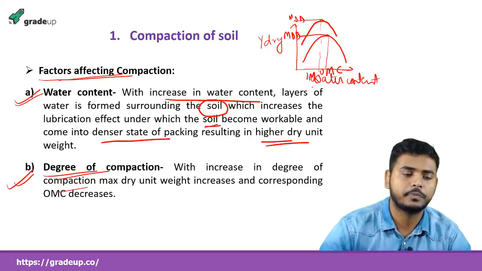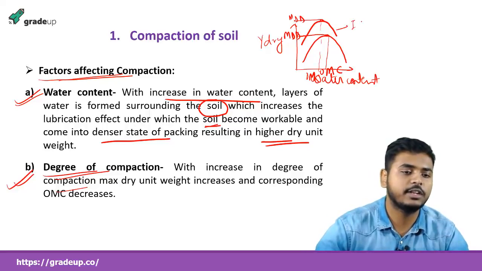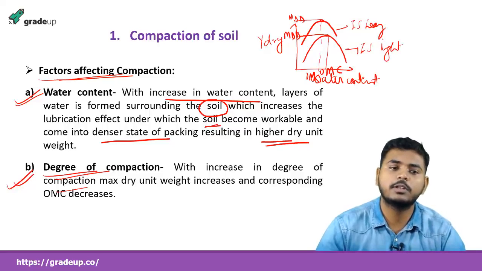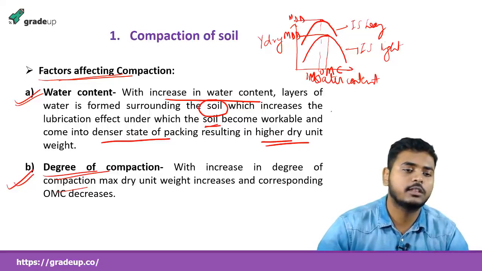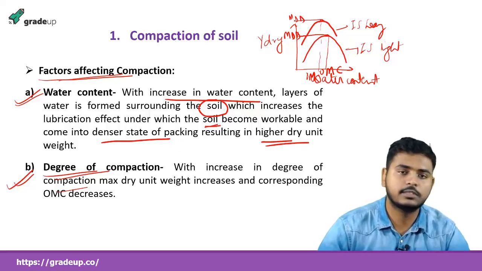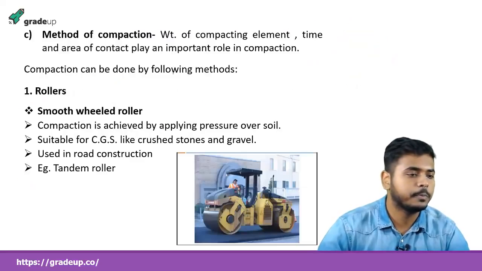This is the IS heavy test and this is the IS light test. I have discussed the properties of IS heavy and light in the previous video, you can consult it for further info.